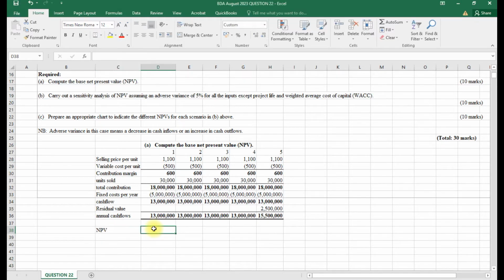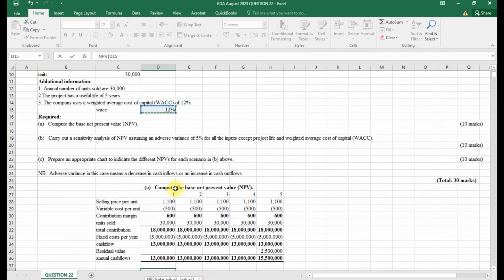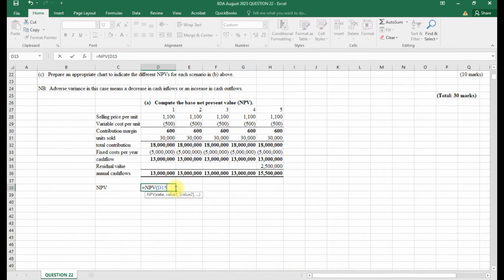so in this case our NPV will be equals to NPV, just tab that. We need the rate, and our rate we have it here, 12%. We put a comma, and our values, this is our cash flow here.